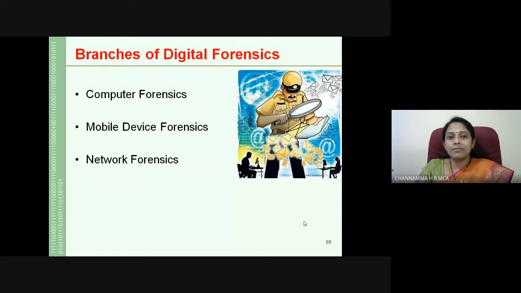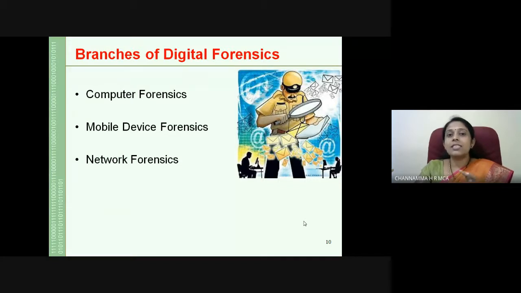The difference between mobile device forensics and network forensics is this: mobile device forensics covers all the devices which connect to or communicate with other people, which have the capability of communication. I grouped such devices into mobile device forensics.